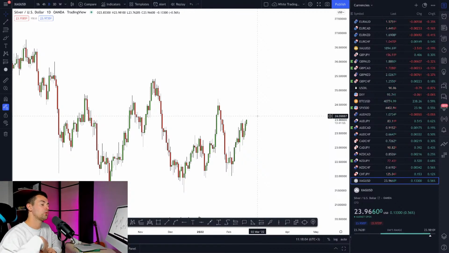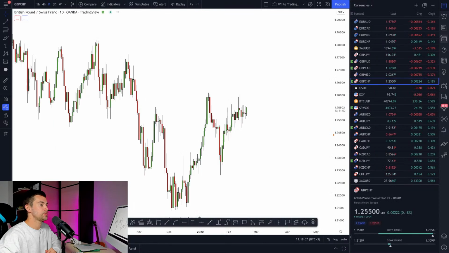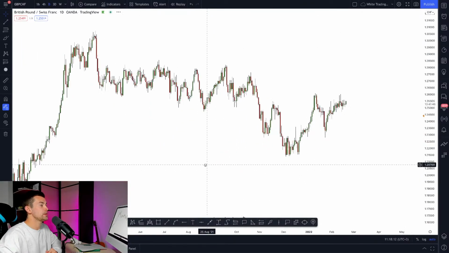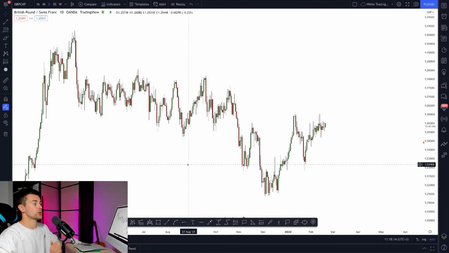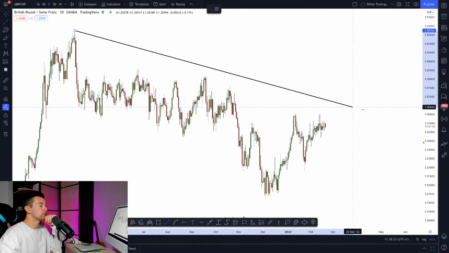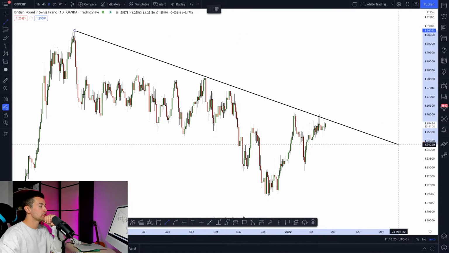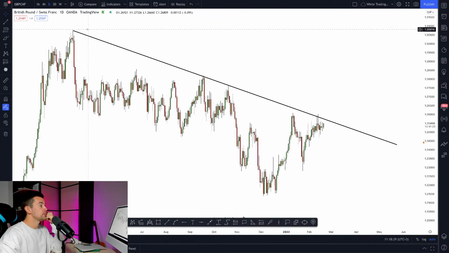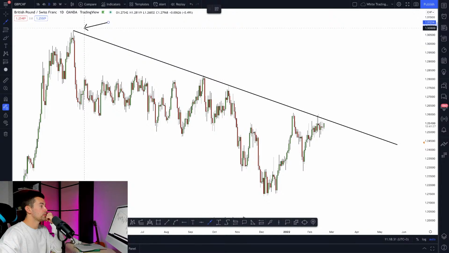So let's start our today's live stream with the pound Swiss pair. On pound Swiss, I'm currently holding a short trade. The fact is that the pair is trading in a bearish trend. You can see that for quite a long period of time, the market is falling. And here I spotted this falling trend line. Yes, you can see that here we have a major falling trend line, respected many times in a row in the past.